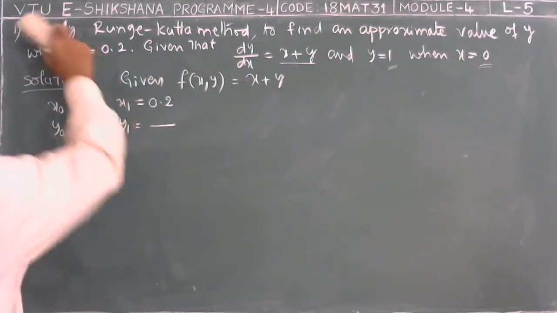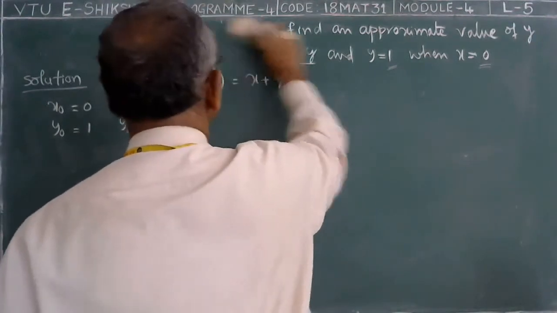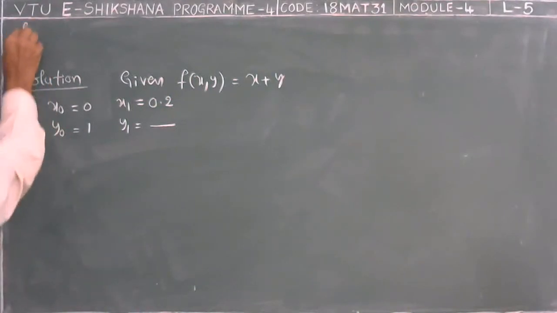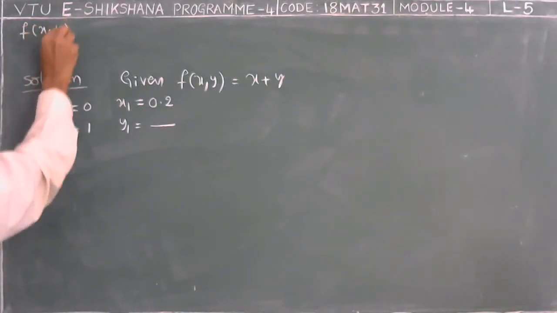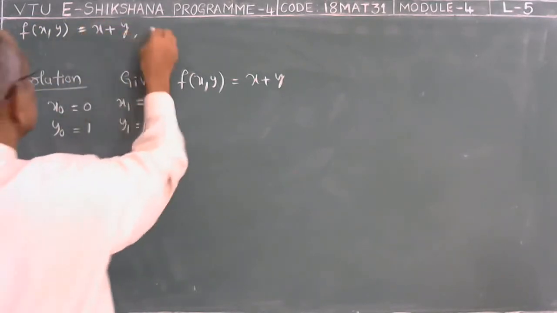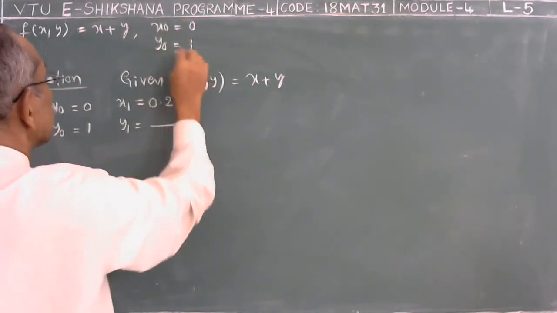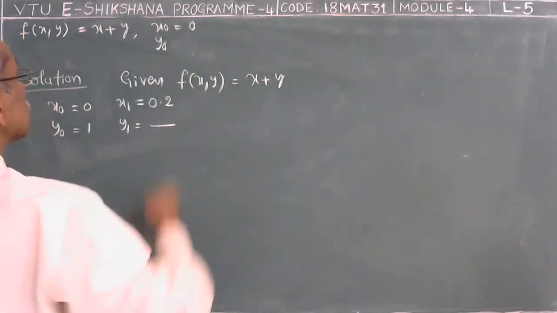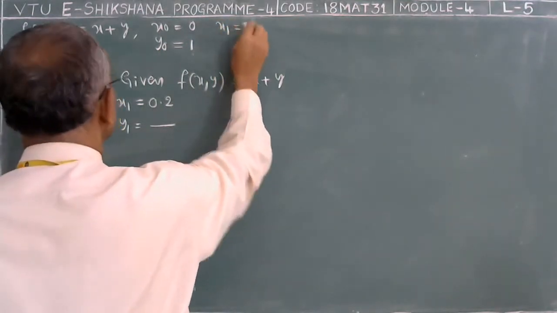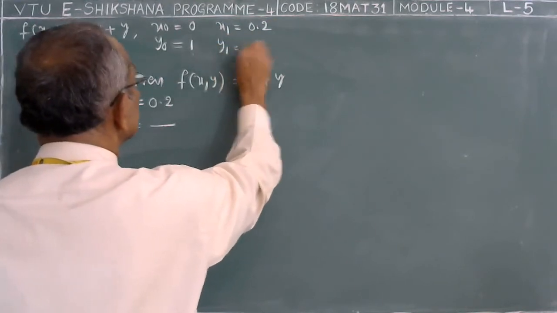So now let me list the data. Given f of x comma y is x plus y, x naught is 0, y naught is 1, then x1 is 0.2, the corresponding y1 we have to calculate.